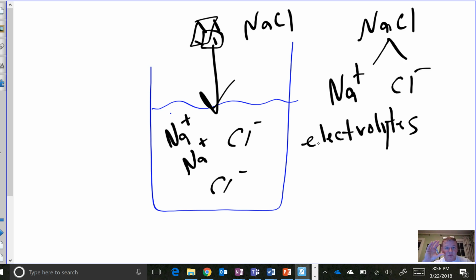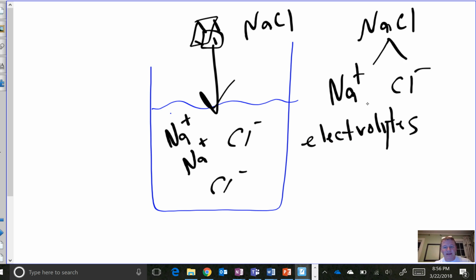So we drink some sports drinks. Actually, a common practice around these parts is to keep pickle juice on the sidelines, and you chug pickle juice because it's extremely salty, it's full of electrolytes, so that replenishes our body.